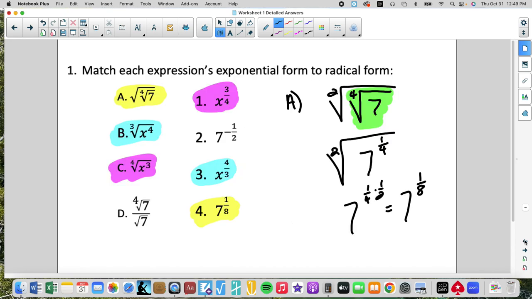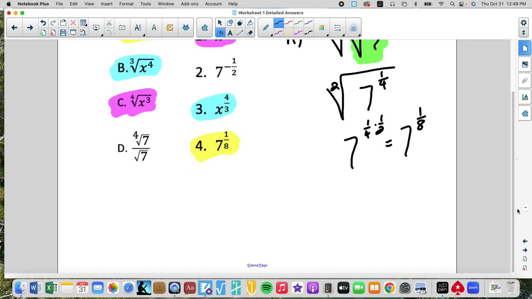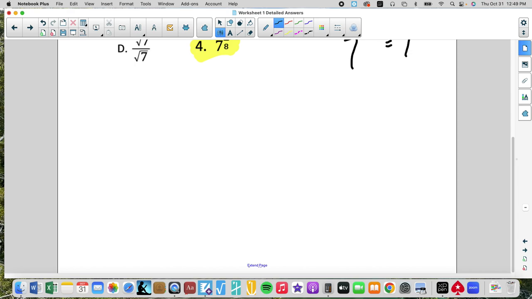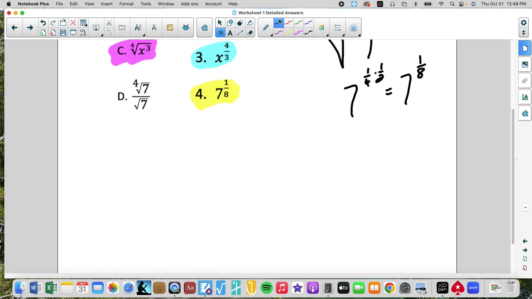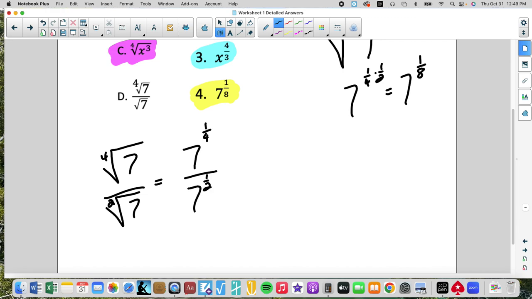Let's go back to this one. Let's write it in exponential form first. We have the fourth root of 7 over the square root of 7. If we write that, that's 7 to the 1/4 over 7 to the 1/2.